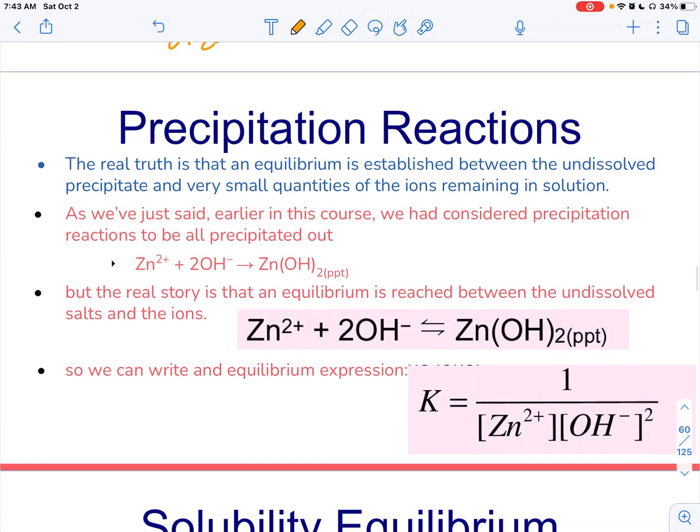Okay. So here we get into the next part of this. So the real truth is that precipitate is not as solid as we have been assuming up until this point. What will happen is that a little tiny bit of it will dissolve, and there will be an equilibrium between that, okay? So this one is our net ionic equation that we just looked at.